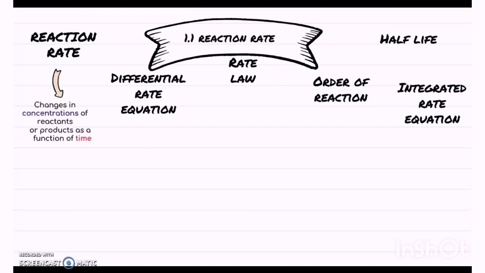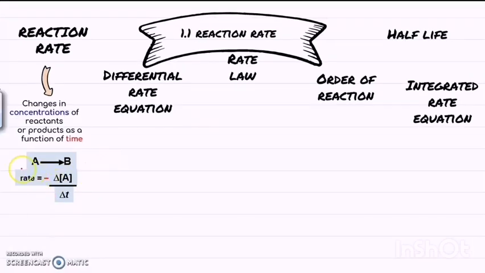It is the change in concentration of reactants or products as a function of time. For example, I have A produces B. When I want to calculate the rate of A, I put the negative sign here to show that the concentration of A is reducing.